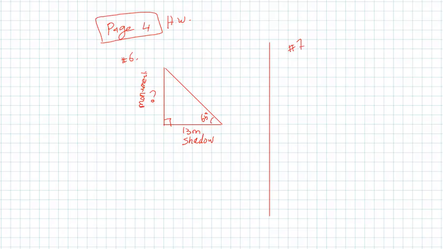Where would the ladder be? This would be your ladder. What's this? Distance between wall and ladder. So what's this? The ground. The ladder is leaning on the ground and on the wall.